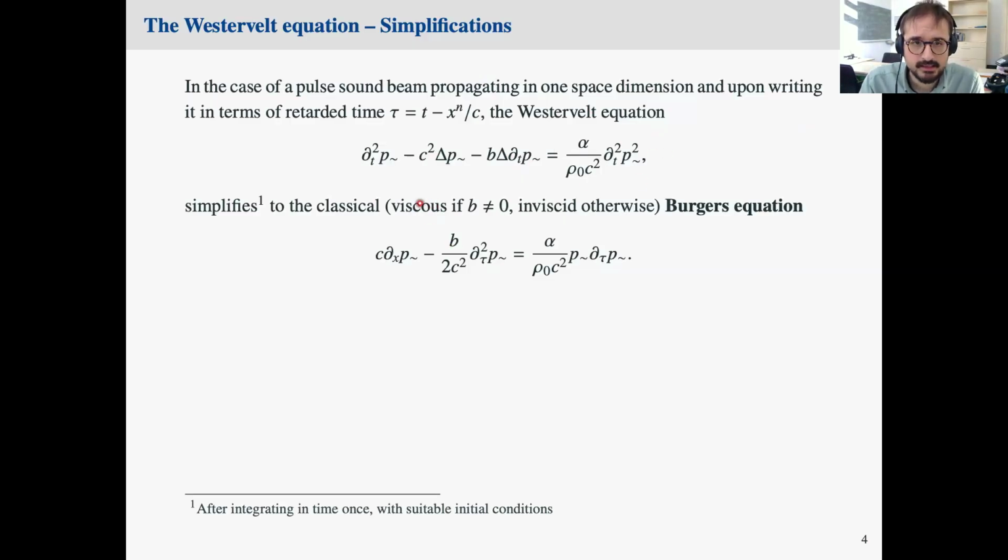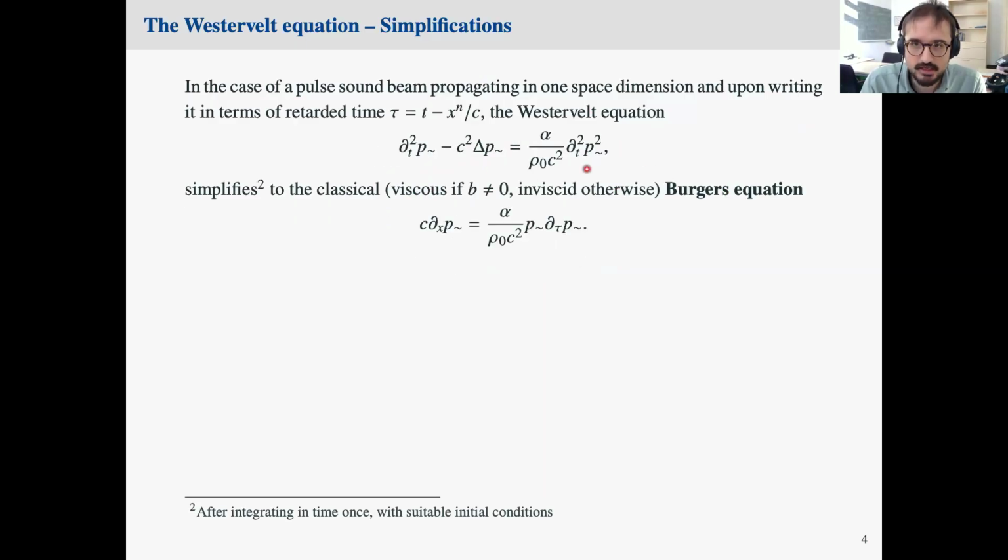And then, after a bit of massaging, you obtain the Burgers equation, which is viscous if you assume initially that you have diffusion, or inviscid if you don't. So if you assume that this b is zero, so you have the wave equation with just a nonlinearity, as we mentioned at the beginning, then what you find after these simplifications is the Burgers equation.